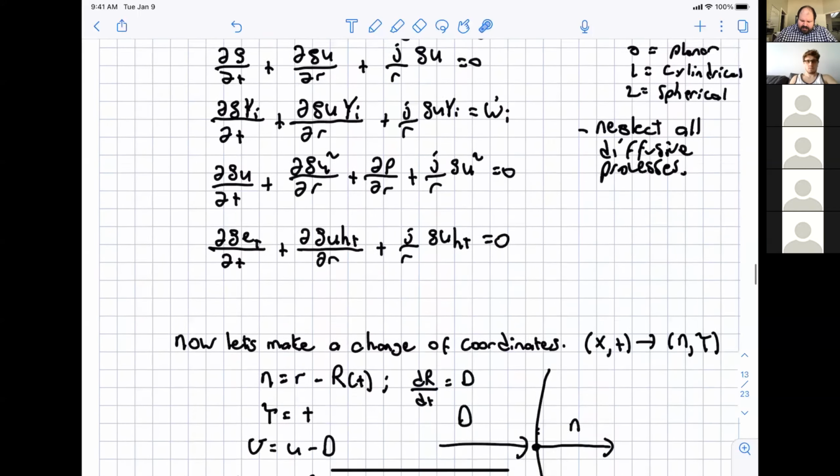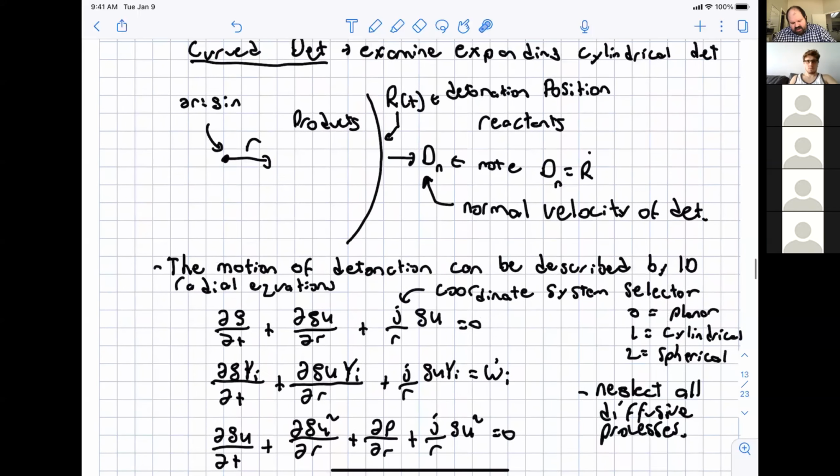Okay, now this system, we need to study as a function of time, and that doesn't help us very much. We don't care about the time history. We really care about the quasi-steady behavior of the detonation front. So we are going to make a change of coordinates.